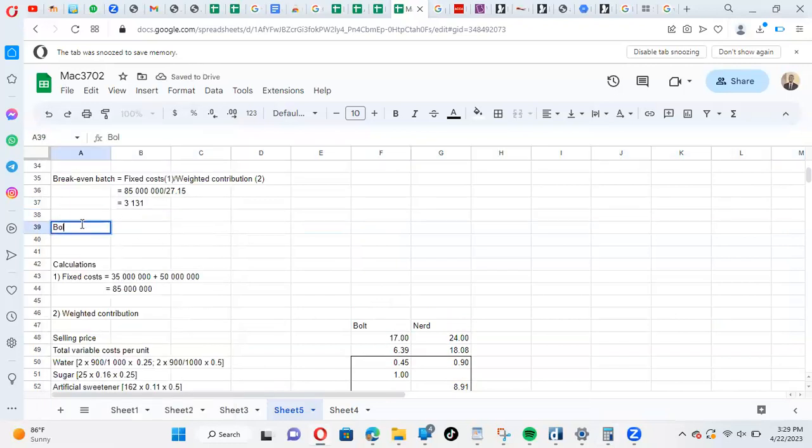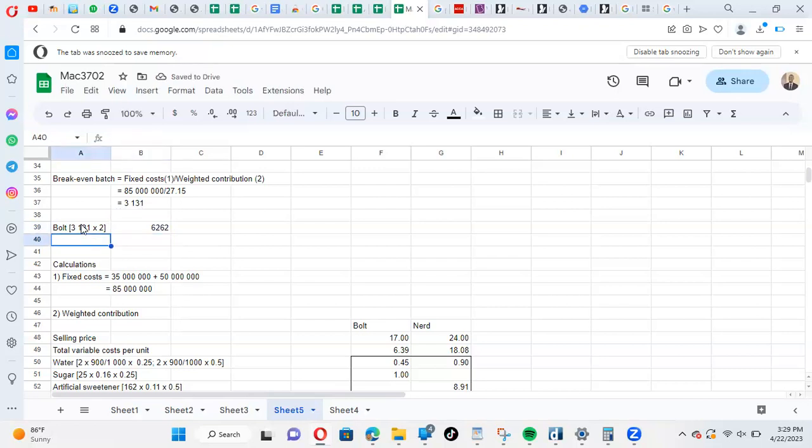Now we need the bolts. It's going to be 3131 times what's the sales mix? It's 2 for bolts, yes. Okay, so this is going to be 3131 times 2, right?